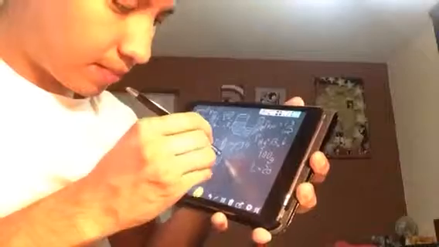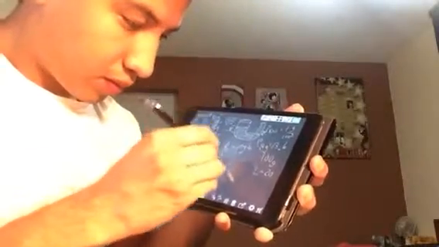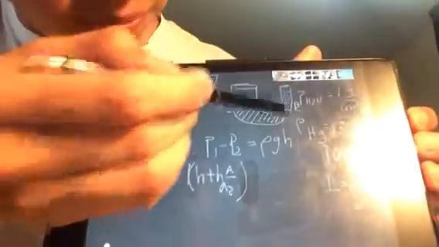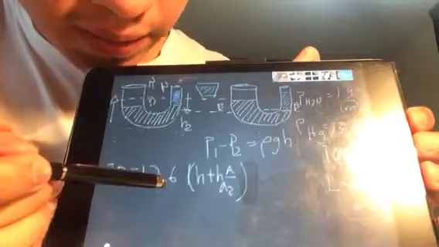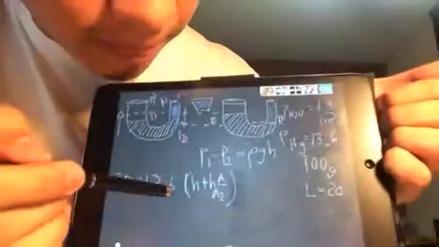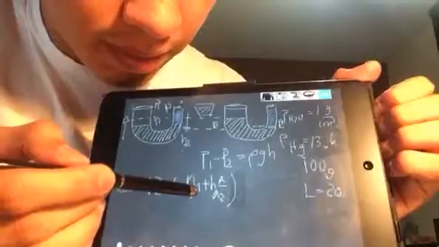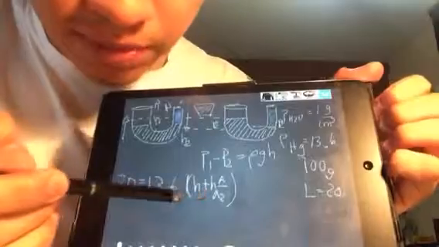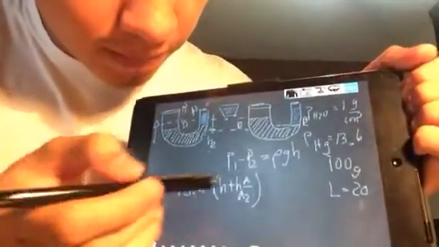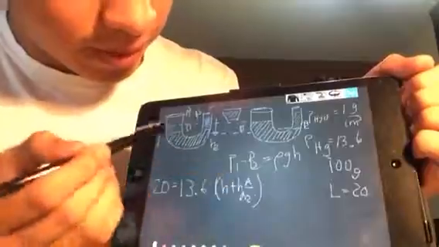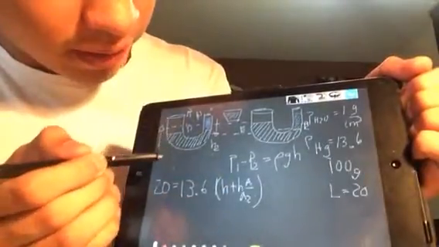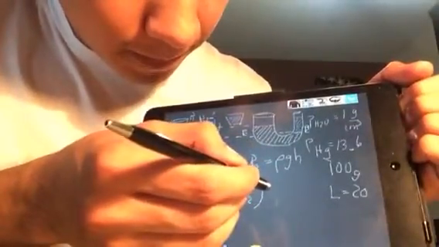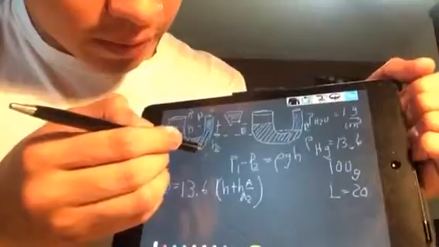So it's going to be like this: our 20, that was the length of this part here, and 13.6, that is the density of the mercury. We have h plus h2, but we know that h2 was h times A over A2. So then we can substitute the areas. The area of this part was 10, and this part here was 5.